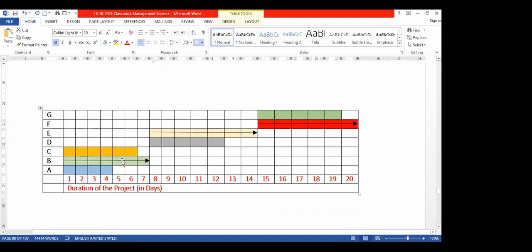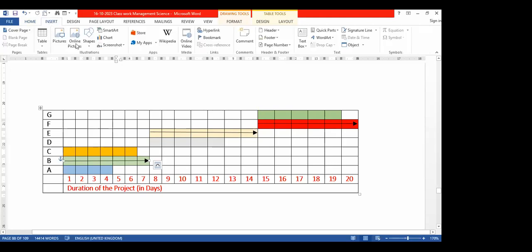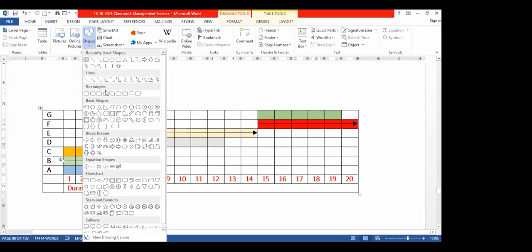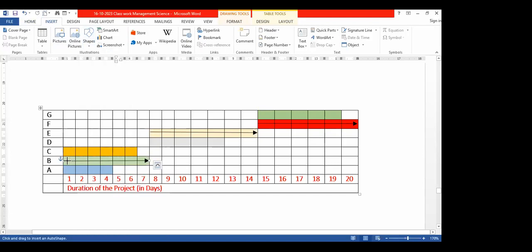So now you see I noted a small black arrow mark, where B is a critical path, E is a critical path, and F is also a critical path. So you see we start from here and stop here, then it goes here, then comes here, then starts from this to here, right?